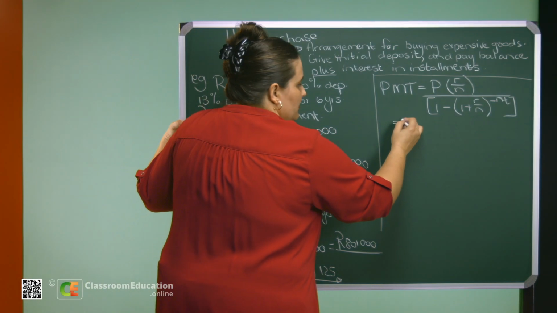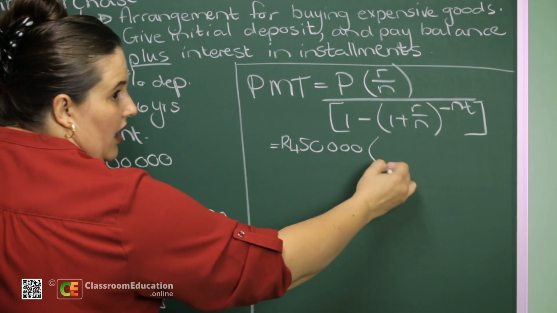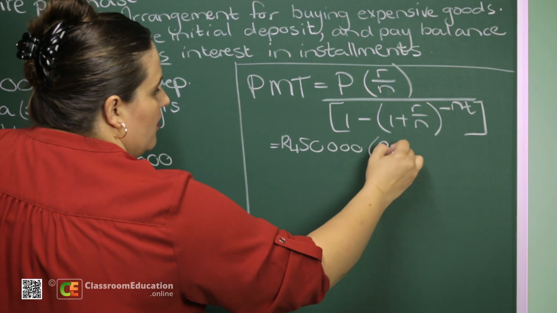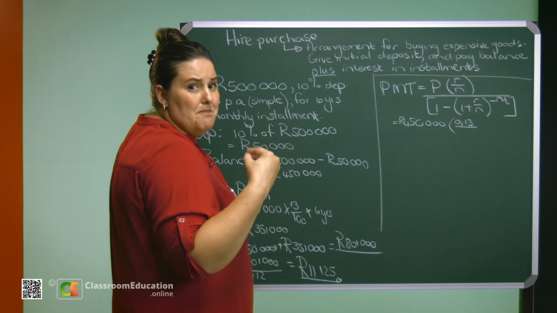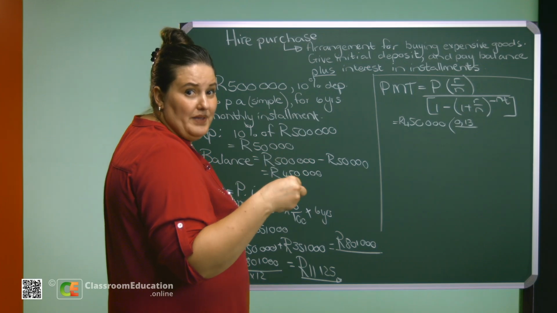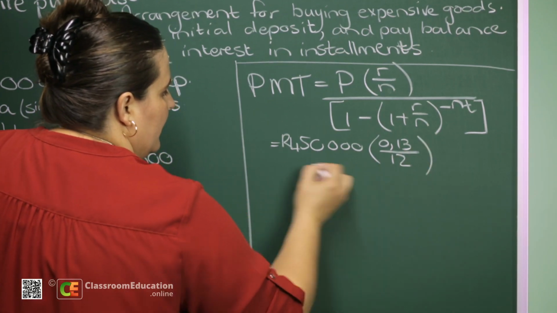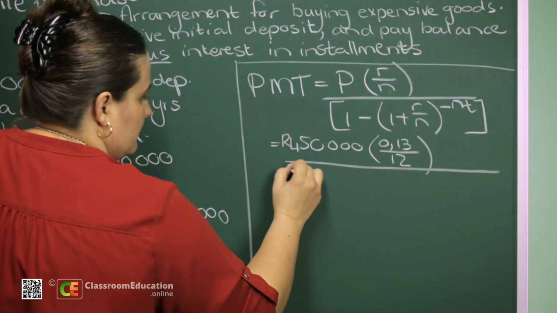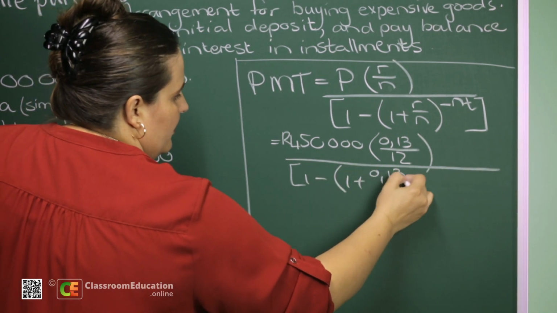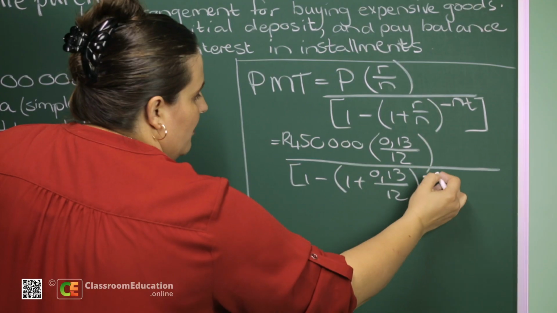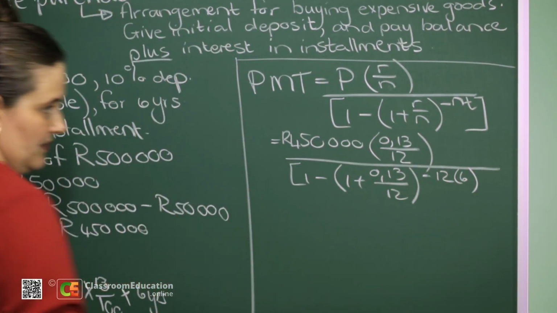So, my P is 450,000 Rand. The R is the interest rate, 0.13, because it's divided by 100. And the n is the amount of installments per year. It's monthly, so there are 12, divided by 1 minus (1 plus 0.13 over 12) to the power of n is 12, times 6 years.